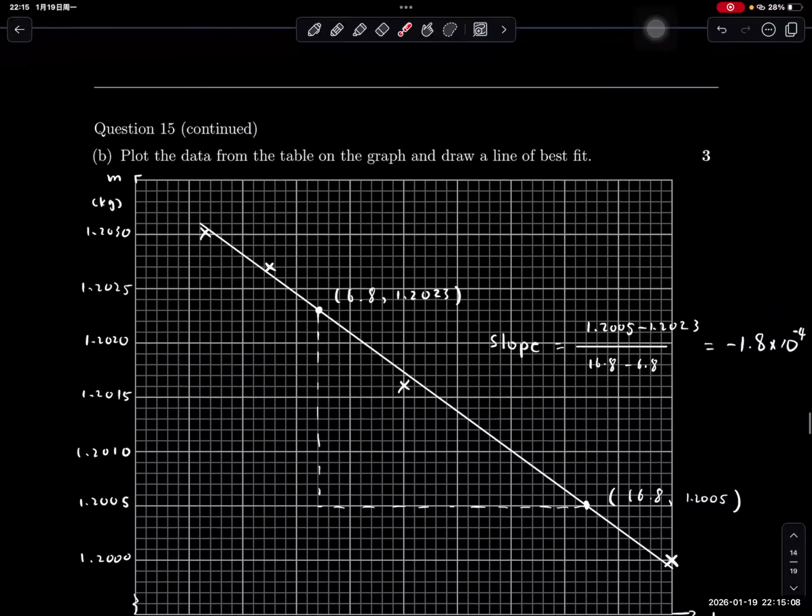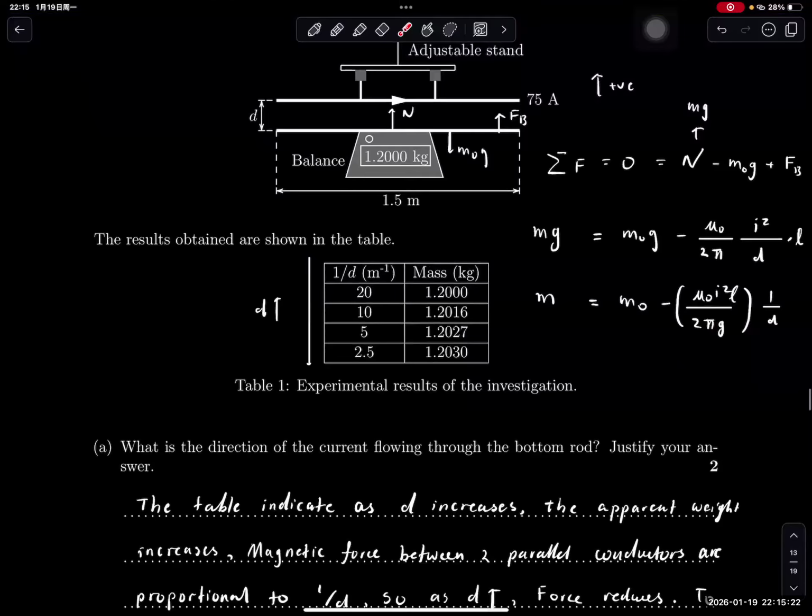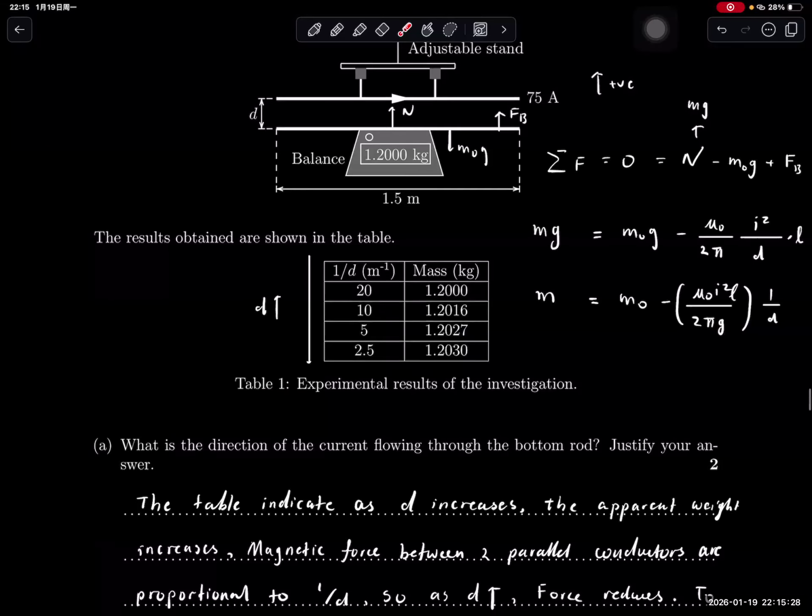If we plot the data, apparent mass is the y-axis, right? Apparent mass is the mass calculated from the normal force, which is the apparent weight. And then the x-axis should be 1/d, straightforward. To figure out the theoretical relationship, we need to consider the fact that the bottom rod is balanced, so it has zero net force.